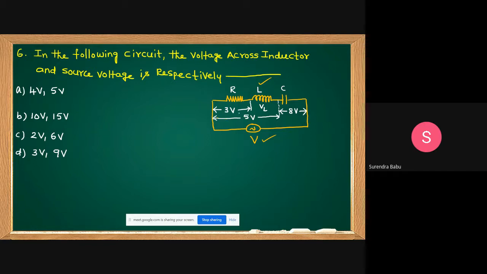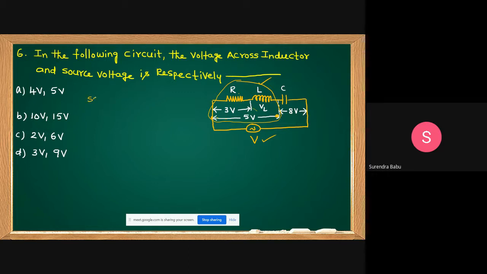Understand? First for these two elements, we can apply the concept that I already gave. If resistance and inductor are there, what is the voltage across this resistor and inductor?